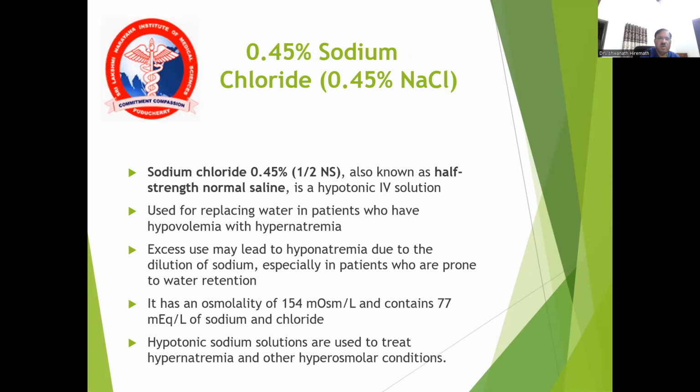Examples include half normal saline or 0.45% sodium chloride. Half normal saline, 0.45% sodium chloride, is a hypotonic intravenous solution used for replacing the water in patients who have hypovolemia with hypernatremia.